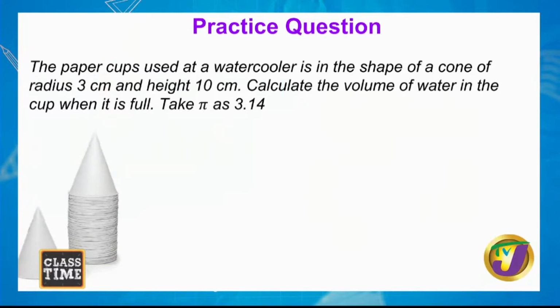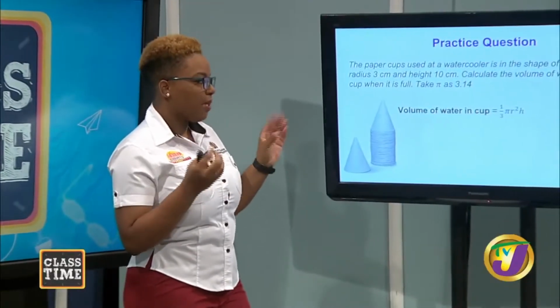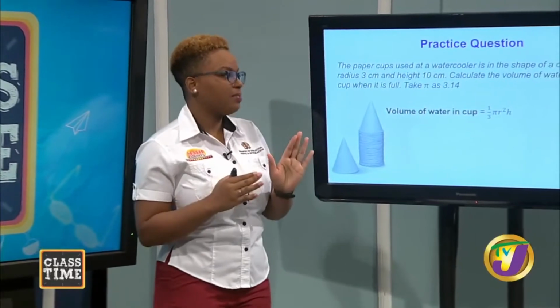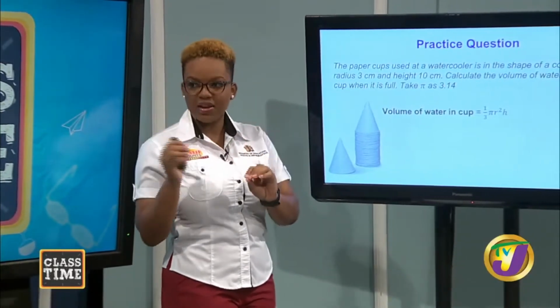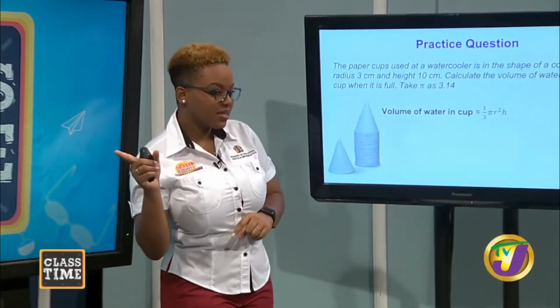So we need to determine the volume of the water cup. The cup is in the shape of a cone. We can find the volume of a cone by multiplying 1/3 multiplied by pi multiplied by radius squared multiplied by its perpendicular height.